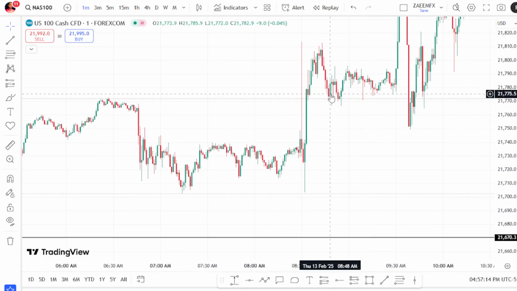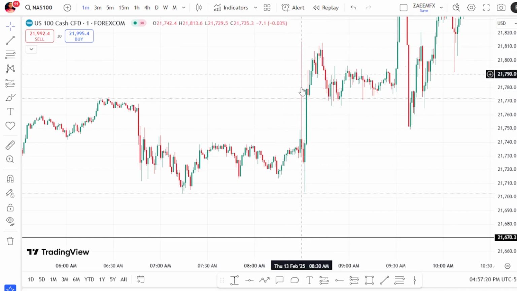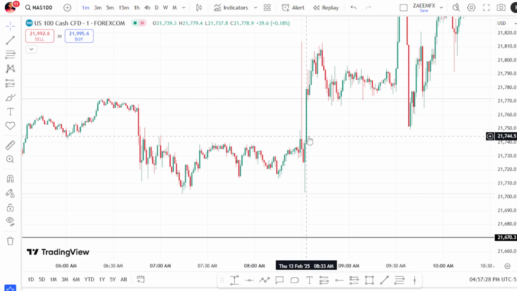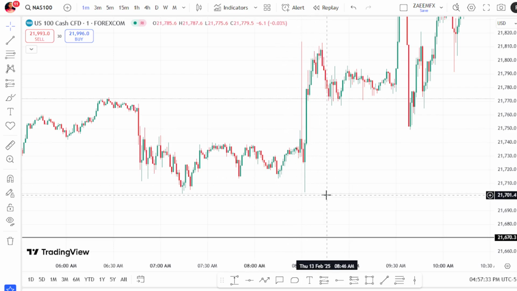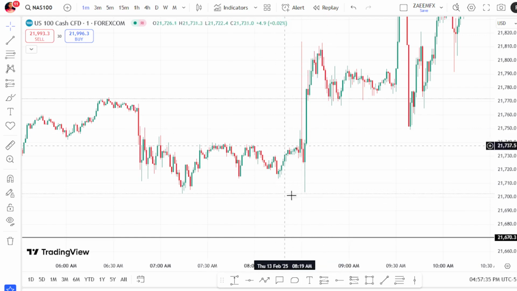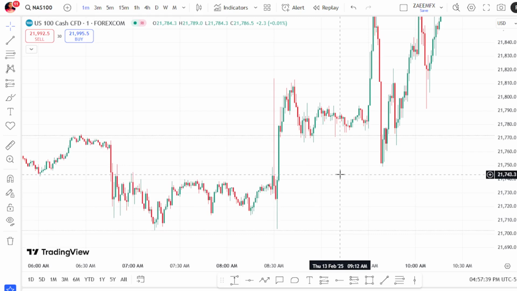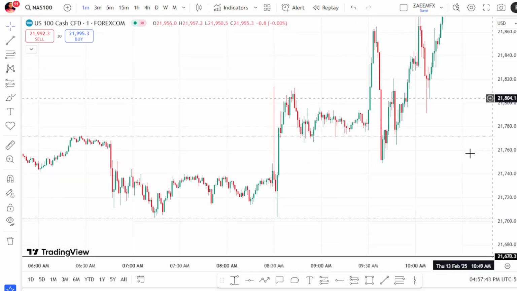I told you that I went out for a walk, and once this PPI news was released and price traded higher like this, any candle like this, look at this candle. As this candle is trading higher and higher, I enter the position. Then my stop loss was here, because I know this is the low. It can't go back again. I just know that. So I just leave it and let price do its normal thing.